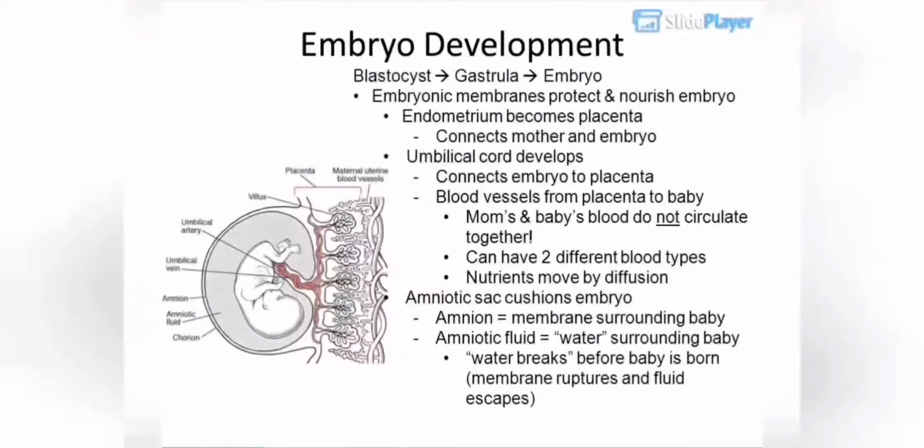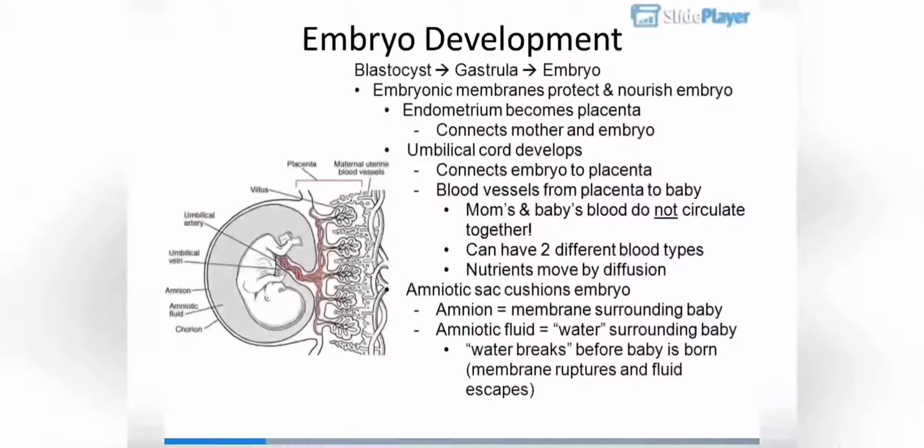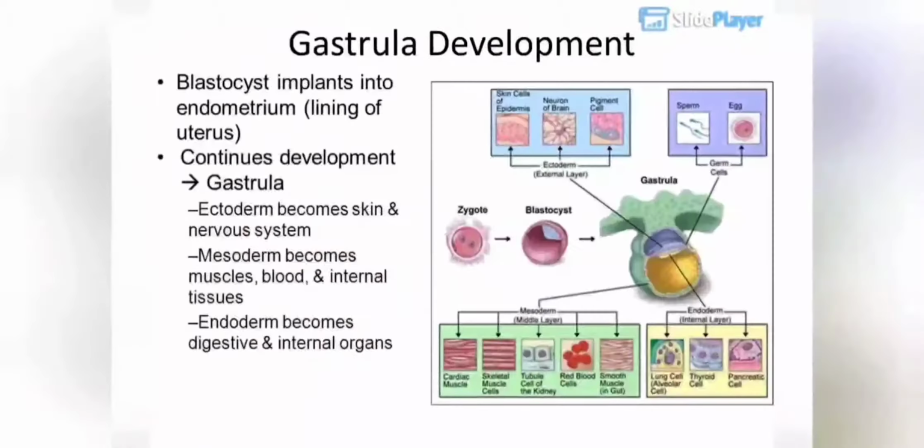Once the embryo is formed, it gets attached to the endometrium wall with the help of a very specialized structure, which is called the placenta. The placenta connects the fetus to the mother's body and provides all the nourishment. Also, there is the formation of a sac called the amniotic sac, which has a fluid called amnion. I'll come to it later on.